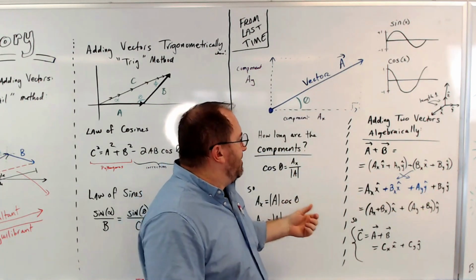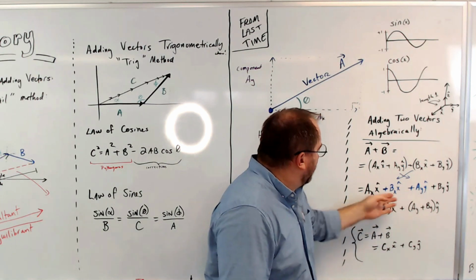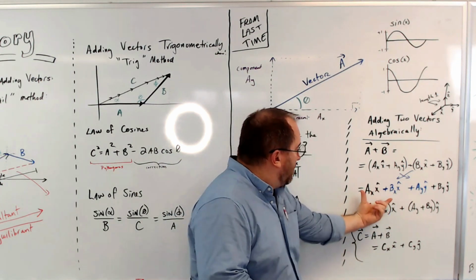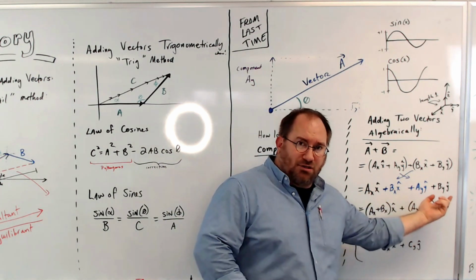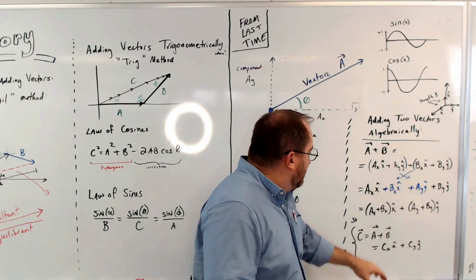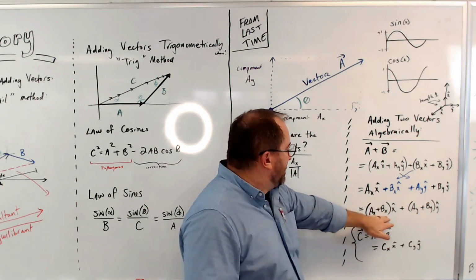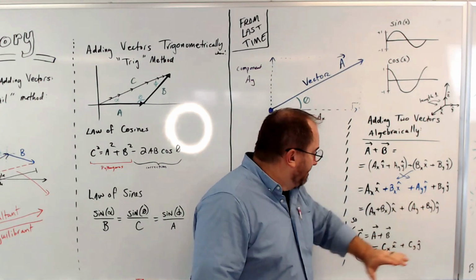And in order to add these up, we simply need to rearrange the order and get all the x hat direction going all together, all the y hat direction going in the same spot, and then we can group them up. We say Ax plus Bx in the x hat, and so on.